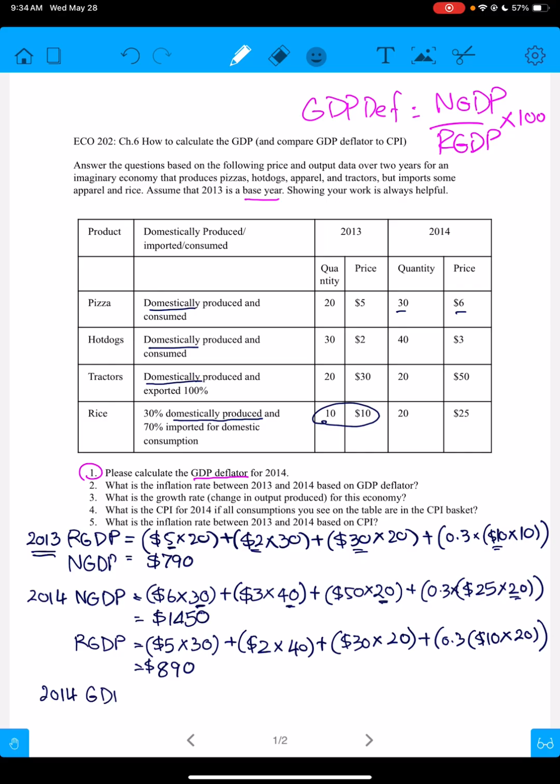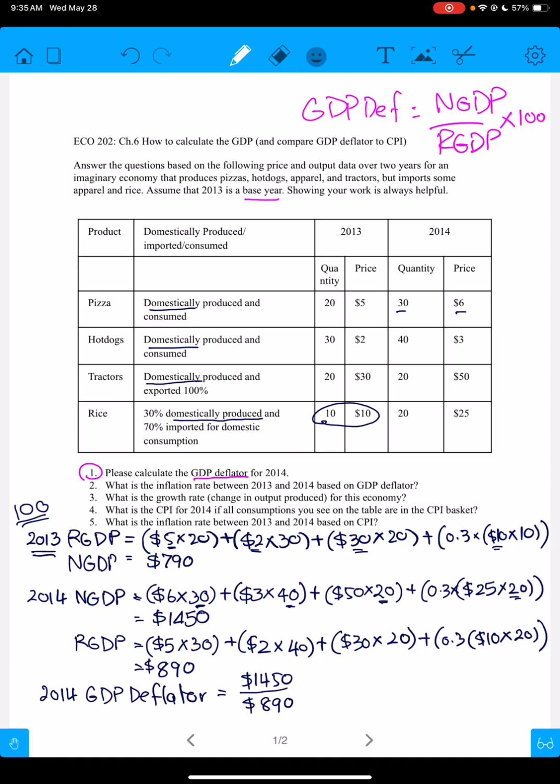2014 GDP deflator. By the way, GDP deflator for 2013 will be 100 because it's a base year. But for 2014, you can use the nominal GDP of 2014, which is 1450, divided by the real GDP of 2014, right? Fixing all the prices, only allowing the quantity to change.